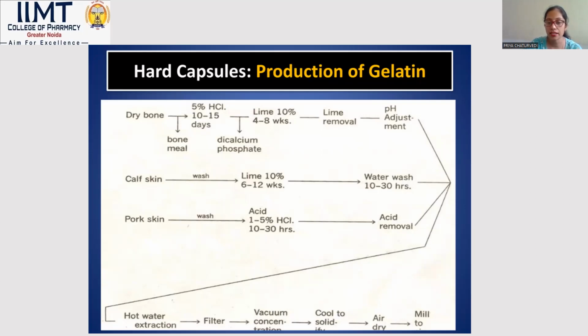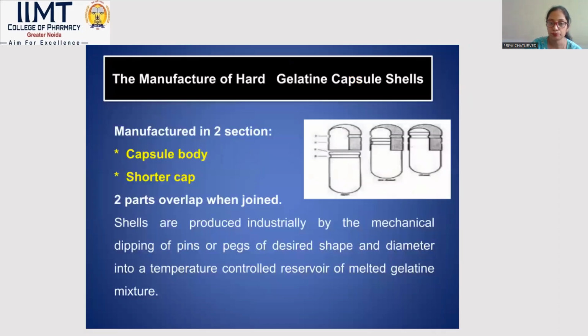Now the pork skin, it is washed and then it is treated with 1 to 5% HCl for 10 to 30 hours, and then the acid is removed, and then hot water extraction is done, then filtration is done, finally vacuum concentration is done, cooled to solidify, air dried, and then finally milled.